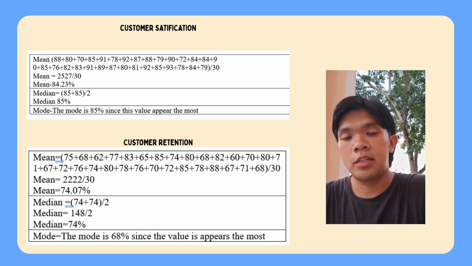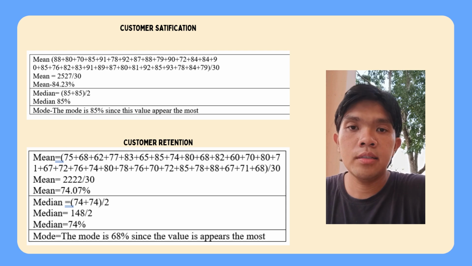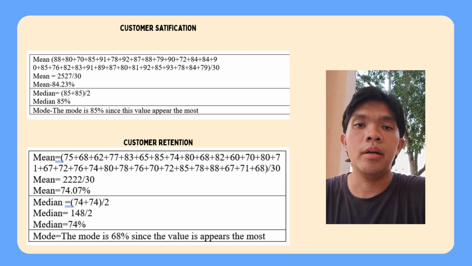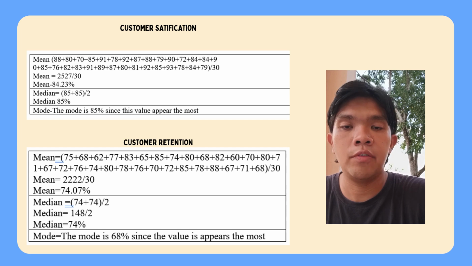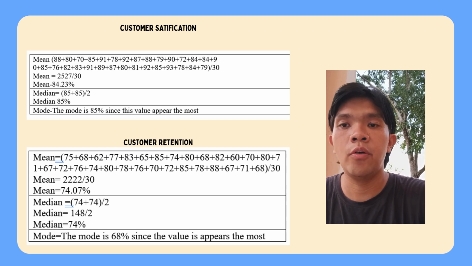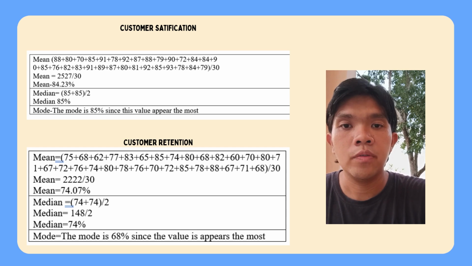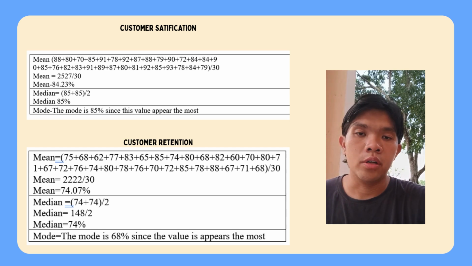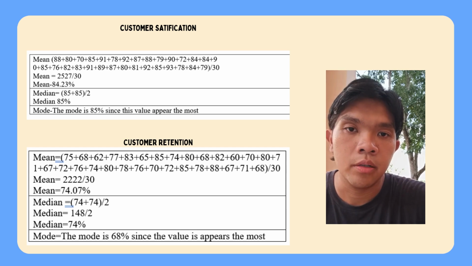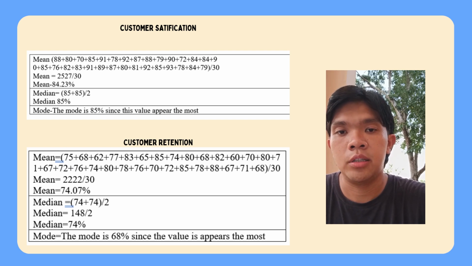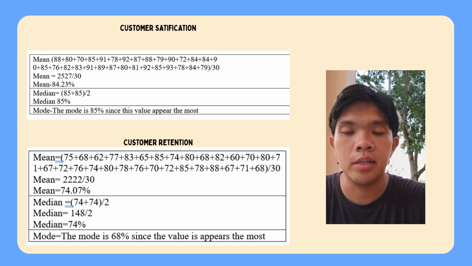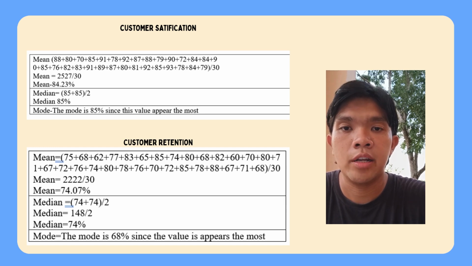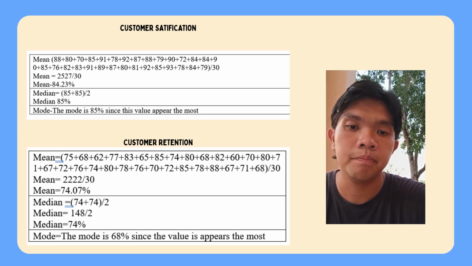While for the median of the customer retention, since the count is also an even number, the 15th and 16th values are 74. So 74 plus 74 divided by 2 is equivalent to 74%. While the mode of the customer retention is 68%, since 68% is the value that appears most based on the data.